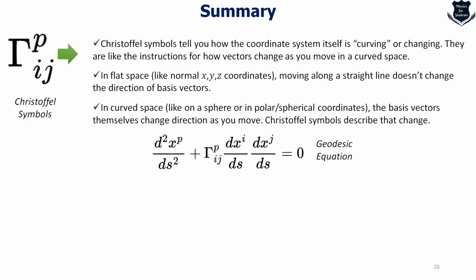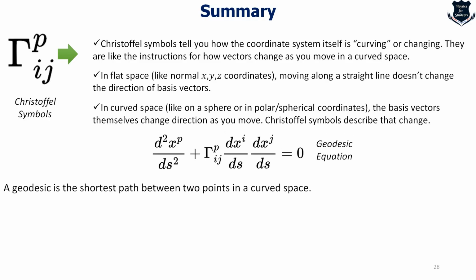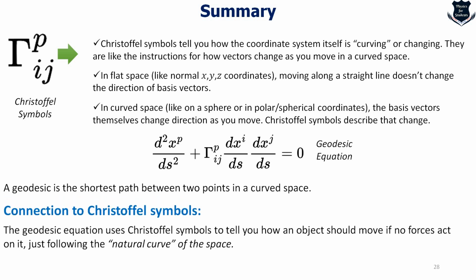In the geodesic equation, there is a part with Christoffel symbols, and a geodesic is the shortest path. The geodesic equation uses Christoffel symbols to tell you how an object should move if no forces are acting, just following the natural curve of that space.